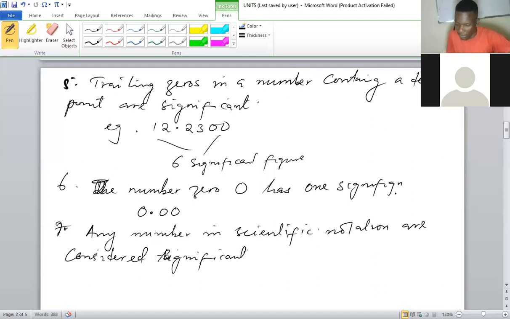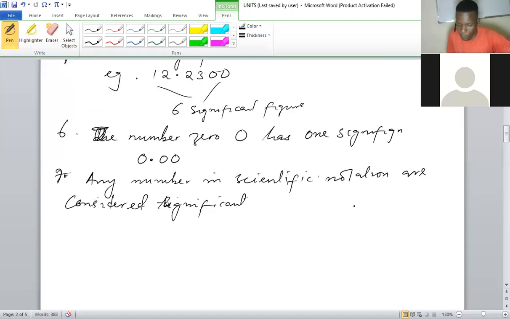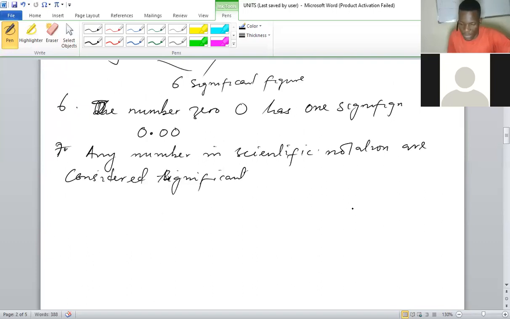So if you have, for instance, 4.300 times 10 to the power -4, even these zeros are significant in this case. So you have 4 significant figures.